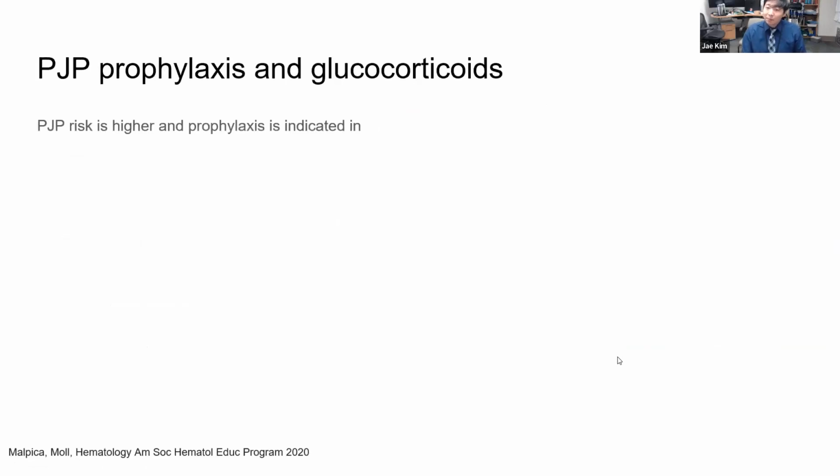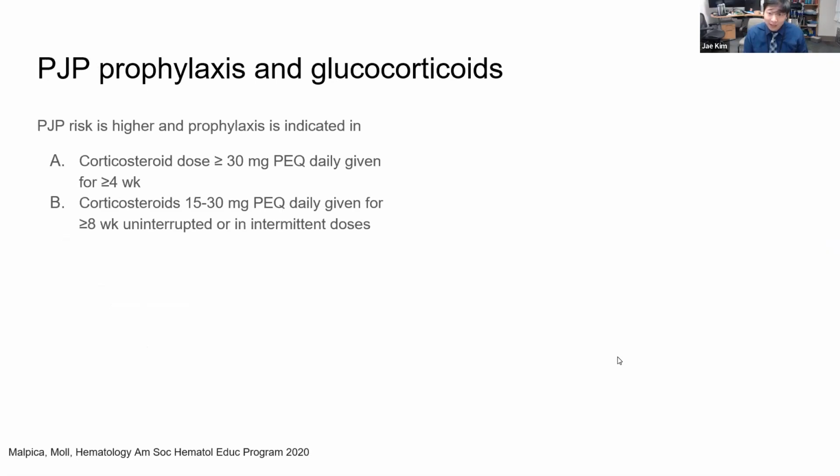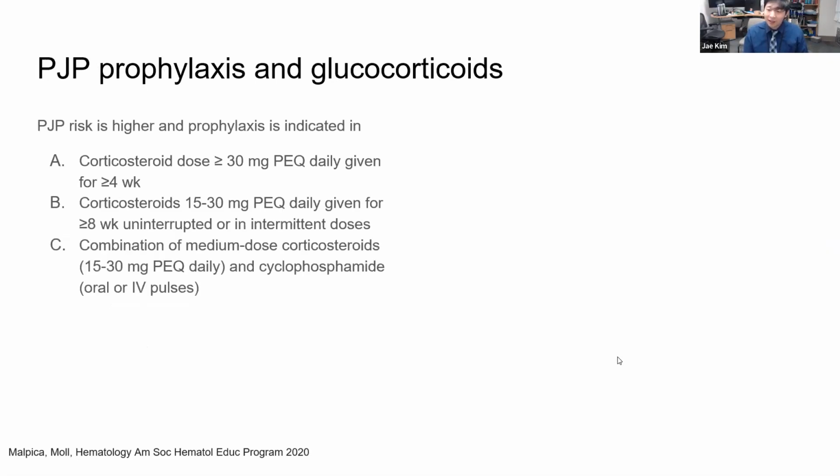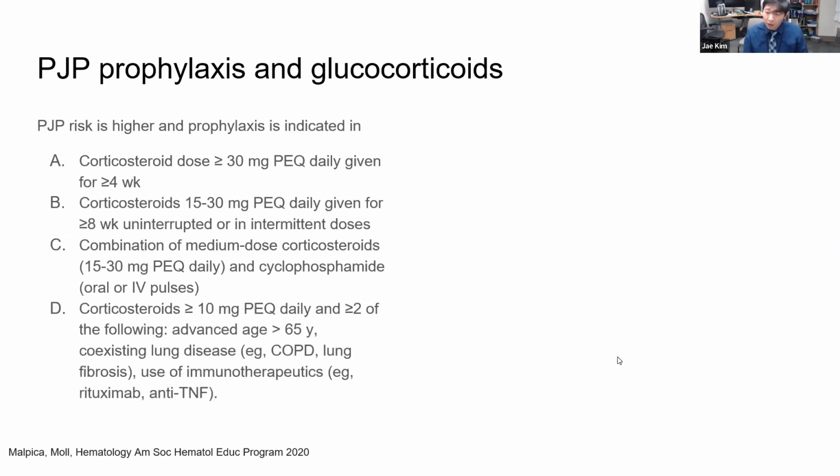All right, PJP prophylaxis, the risk is higher and it's indicated in patients getting 30 milligrams prednisone equivalents for 4 weeks, 15 to 30 for 8 weeks, a combination of 15 to 30 and cyclophosphamide, or greater than 10 and 2 of the following: either advanced age, coexisting lung disease, or use of immunotherapeutics.